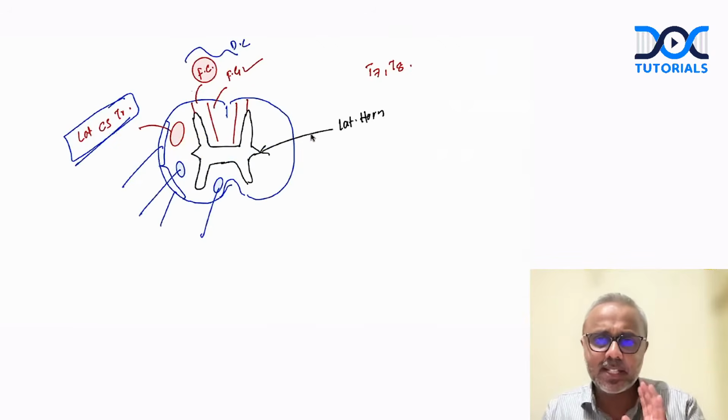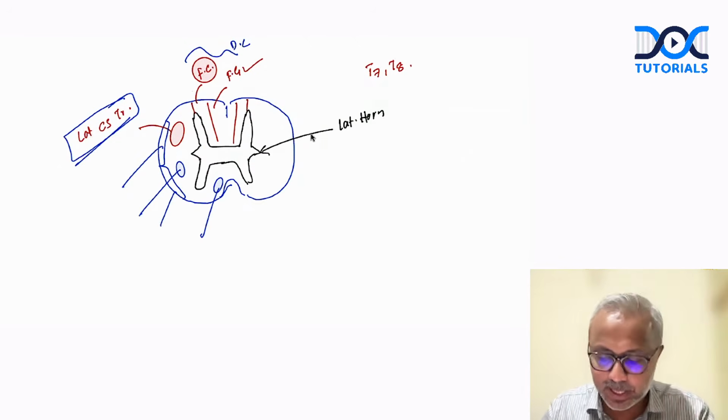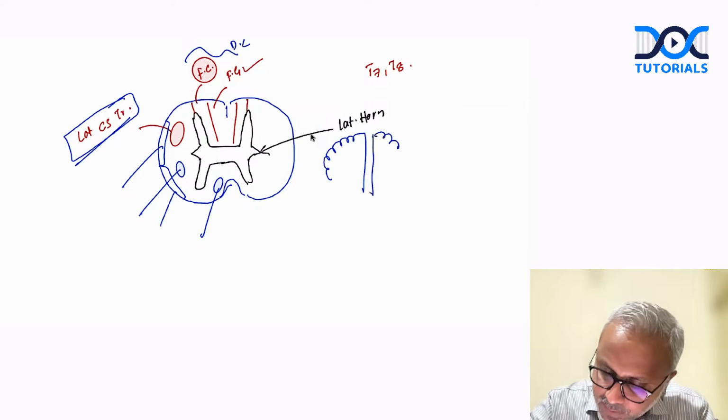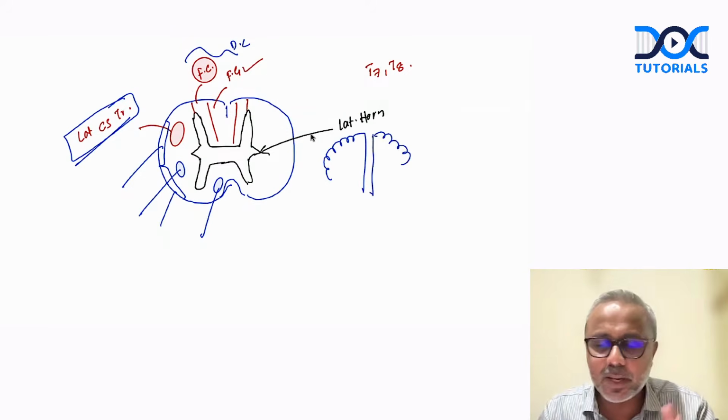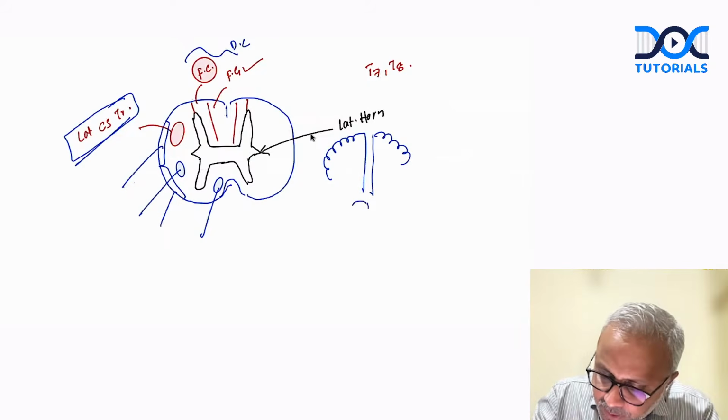Okay, let's think we are talking about the corticospinal tract. What to write? Okay, so the corticospinal tract will begin with the cerebral cortex. So let's imagine we have the right and left cerebral cortex. Then let's imagine we have the sections of the brainstem, right?